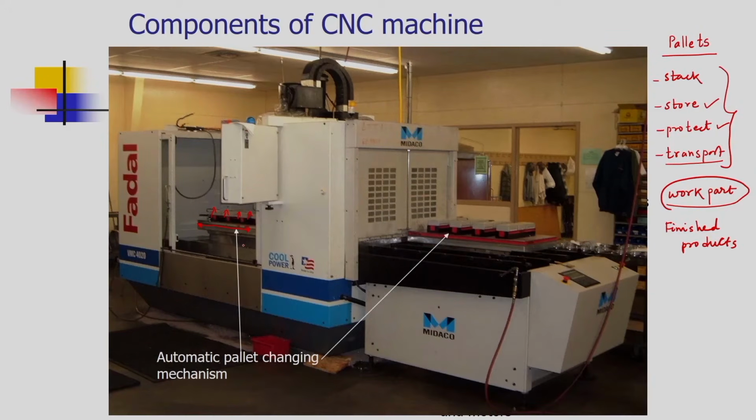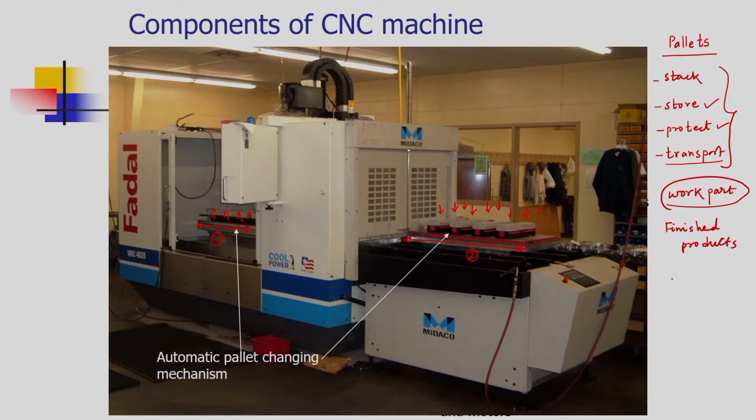During the processing time, the other operator can ready the next pallet. So, here pallet number 2 will become ready. Here you can see various work parts are ready, which are to be fed to the machine tool for the next set of operations.